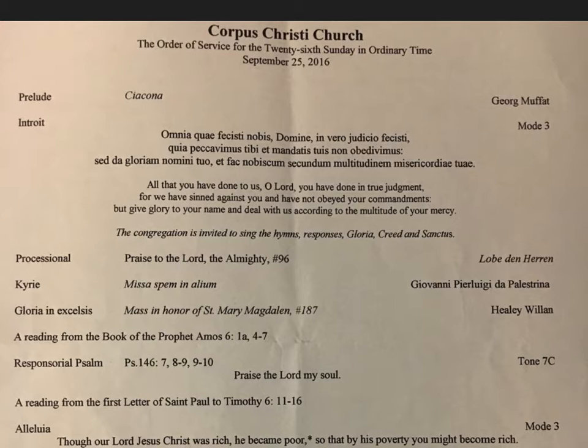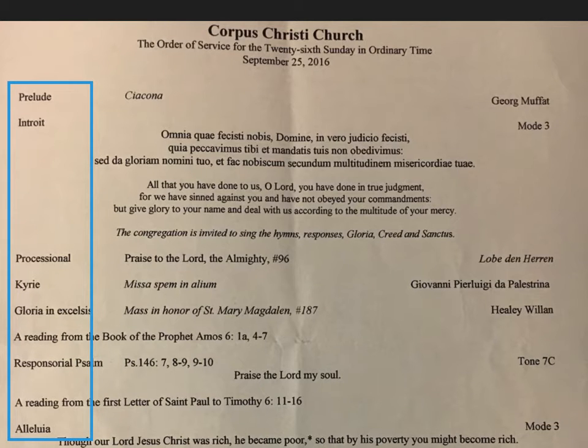So for this, at the very top, you'll see something very important. This tells you where we are in the church year. So this is the 26th Sunday in Ordinary Time. And then if you look at the structure of the program, on the left side you have the part of the Mass listed there.